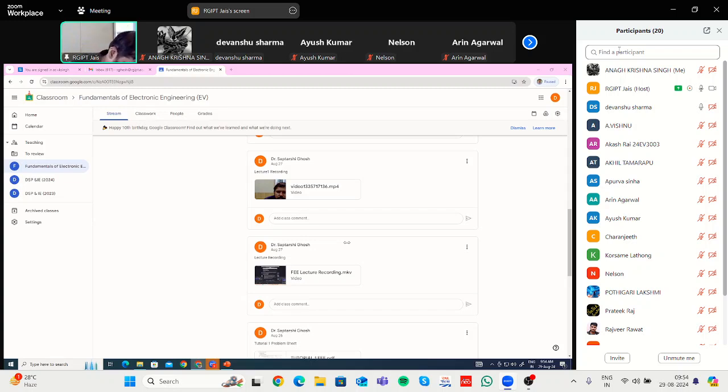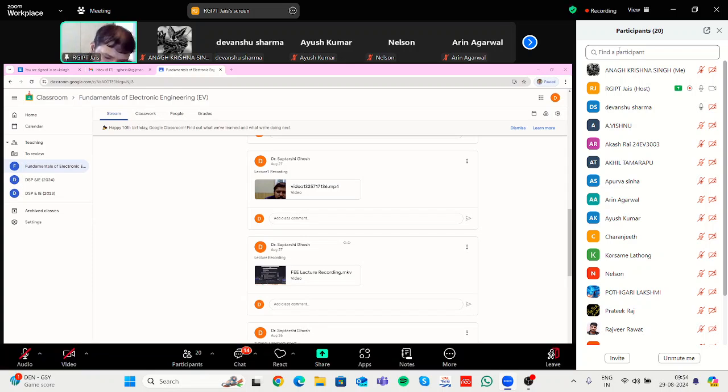Rajveer. Sasikamal. Soham Bhavesh. Austik Mishra. Yes, Vardhan.